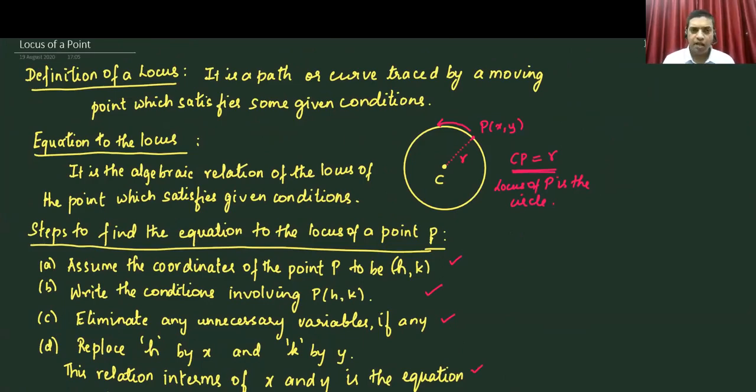Last week we began our discussion on locus of a point. I'll quickly review and then we'll start with problems for today. Locus of a point is a path or curve traced by a moving point which satisfies some given conditions.